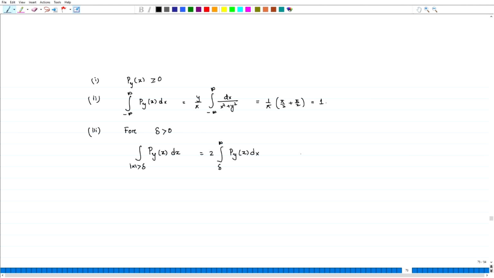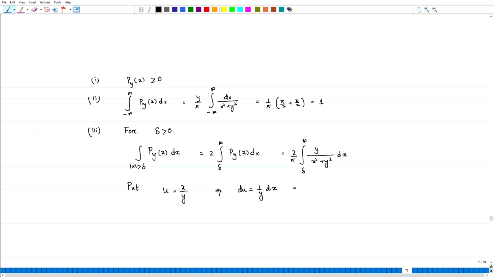So, now this is the integral from delta to infinity of y by x square plus y square dx. Now, substitute u equal to x by y, for each fixed y. Then du is equal to 1 by y dx.